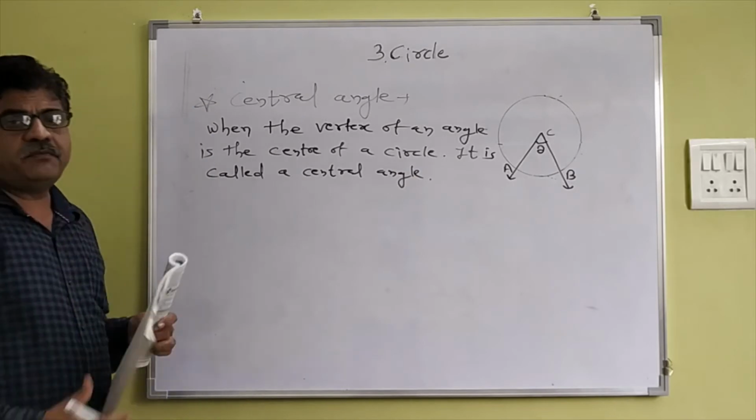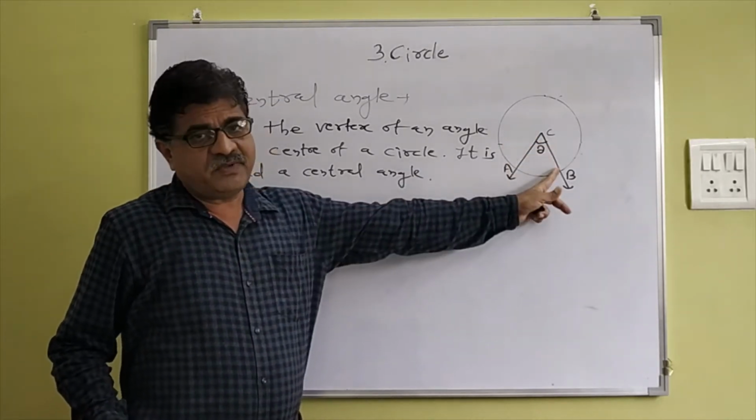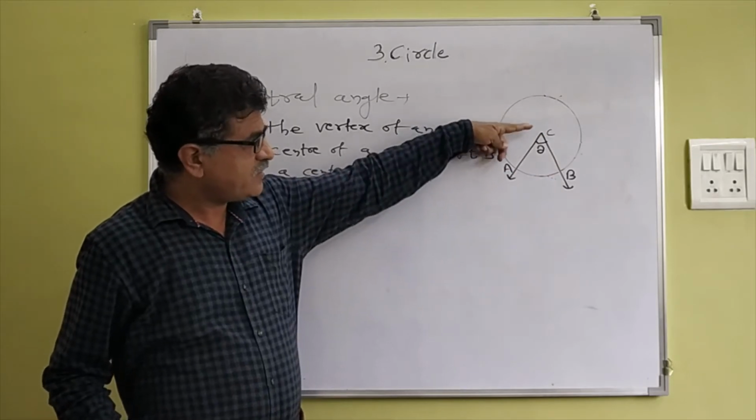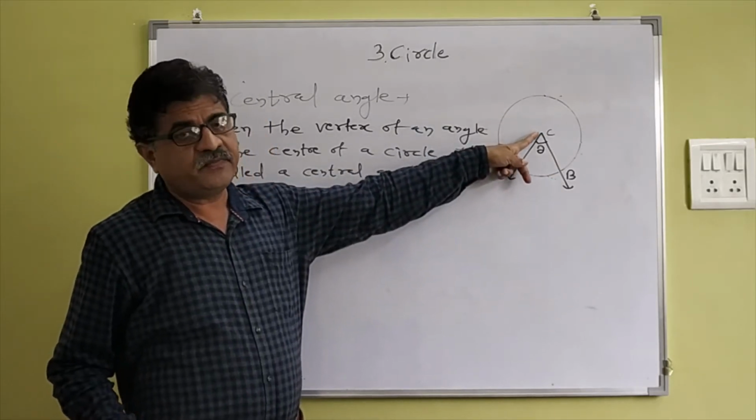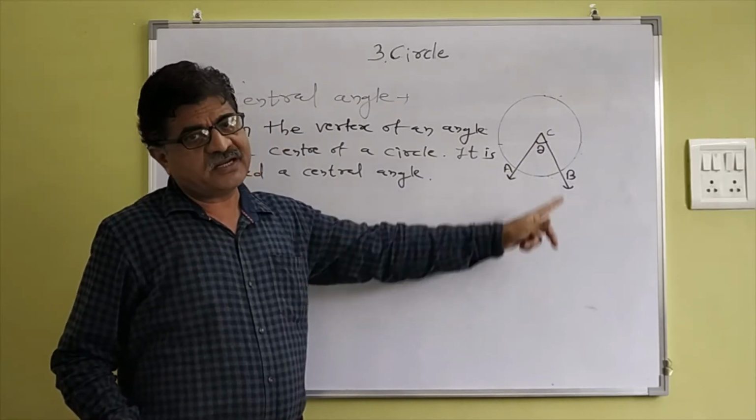Now let us see in this figure. This angle ACB, the vertex of this angle is the center. Therefore, angle ACB is a central angle.